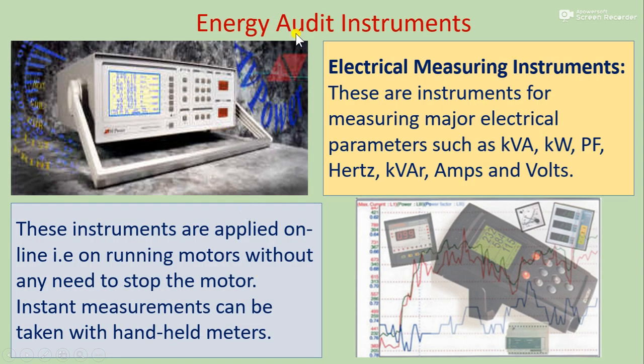Now we will see energy audit instruments in detail. Here are the images. Electrical measurement instruments are used for measuring electrical parameters, such as, as we have already discussed, kVA, kilovolt ampere, that is apparent power; kW, that is unit power; PF, power factor; hertz, that is frequency; kVAR, meaning reactive power; ampere, current; and voltage in volts.